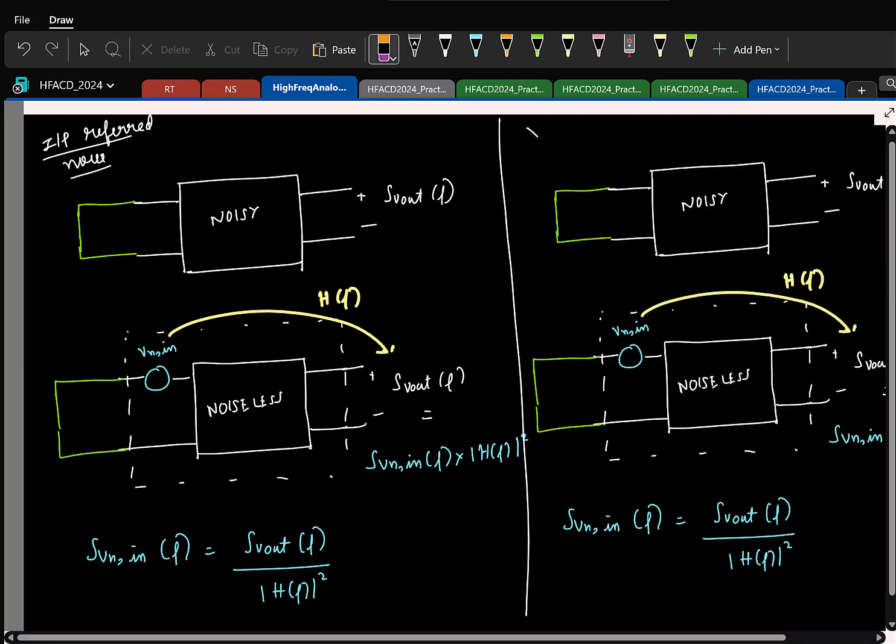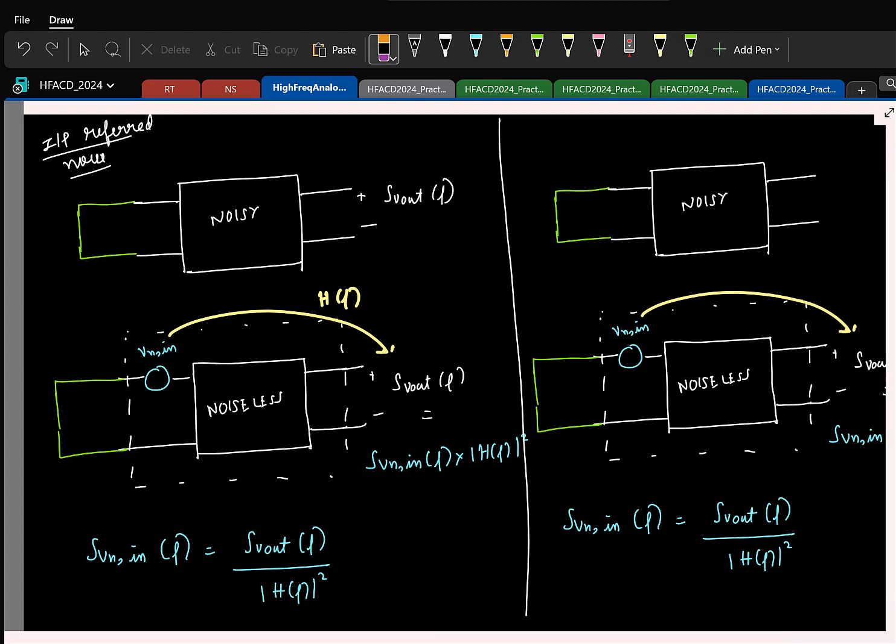Instead of looking at the open circuit output voltage, I can also look at the short circuit output current, right? Because finally this model should capture the same noise whether I look at the voltage, current, anything. So here also I can look at the short circuit output current power spectral density.